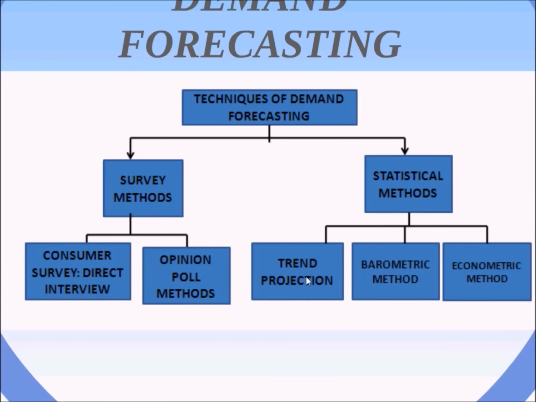It is used under the assumption that the factors responsible for the past trends in the variable to be projected, for example, the sales and demand, will continue. Suppose we project the past sales and past demand into the future, we assume that whatever factors were responsible for the past sales and demand will be responsible for the present or future sales and demand.